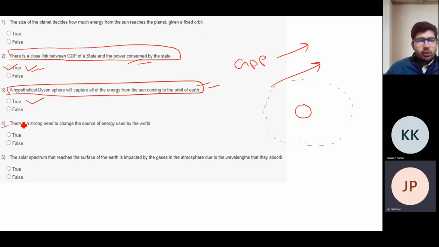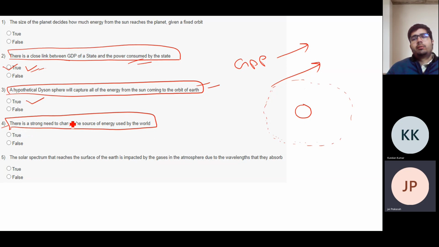Fourth one is there is strong need to change the source of energy used by the world. A very important question. There is strong need to change the source of energy used by the world. True or false? And what is the reason?